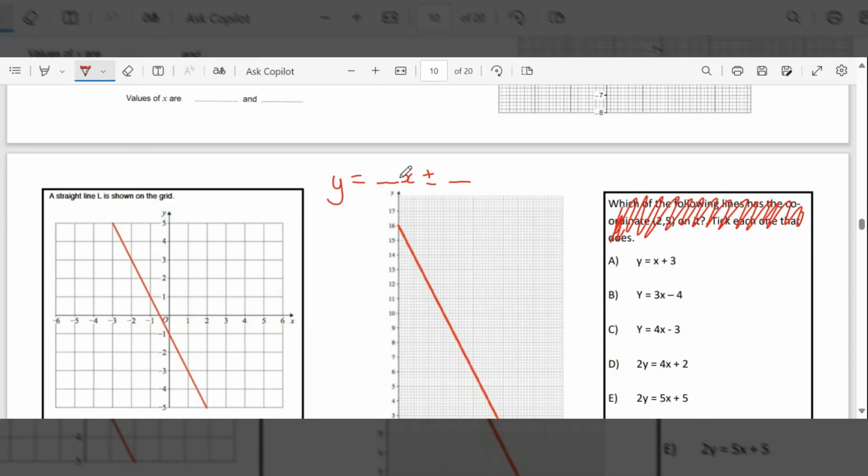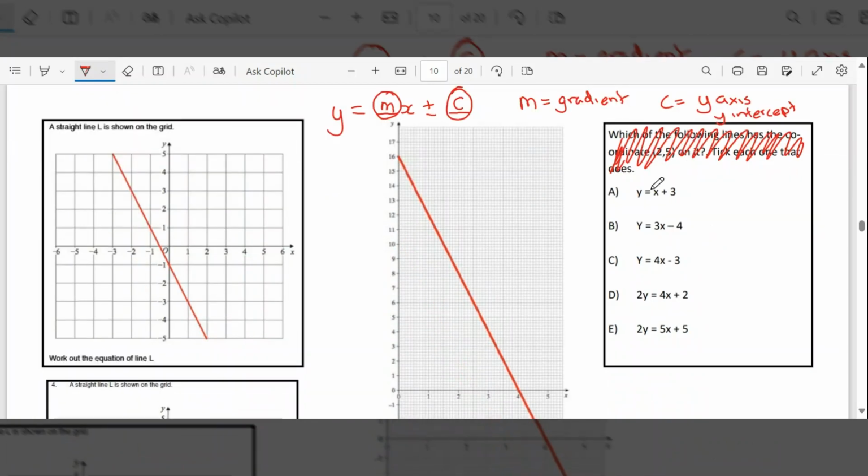There are two numbers in there that I need, right? Now, we normally use the letter M to represent this number. We use the letter C to represent that, but that doesn't matter. I'm looking for the number before x and the number at the end. The number before x is what we call the gradient. The number at the end is what we call the y-intercept. It's where it cuts through y, right?